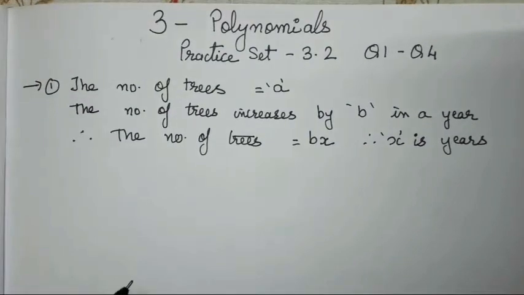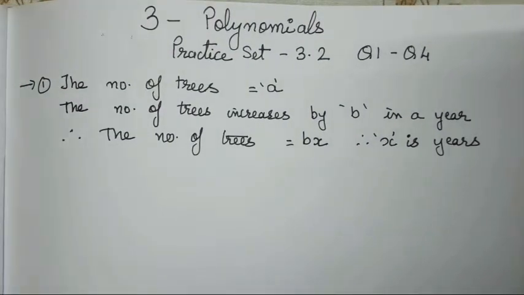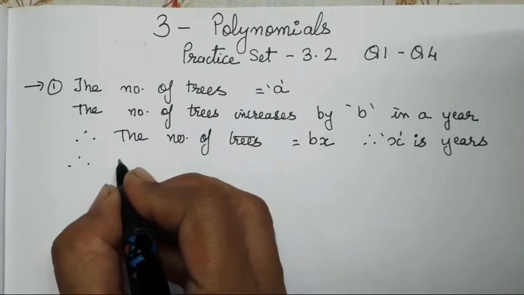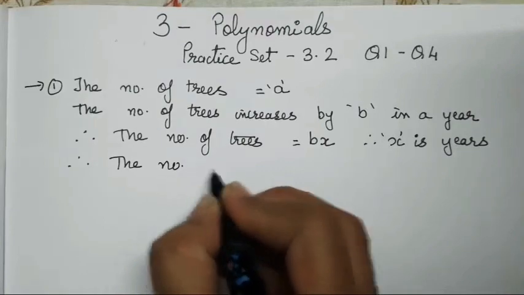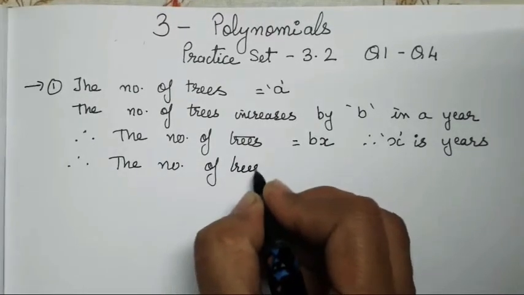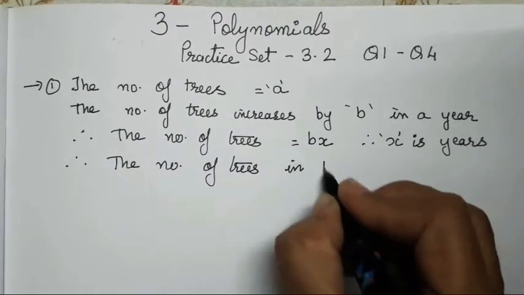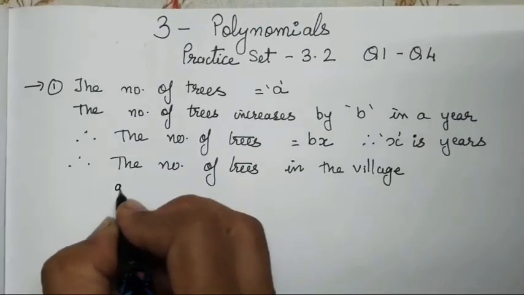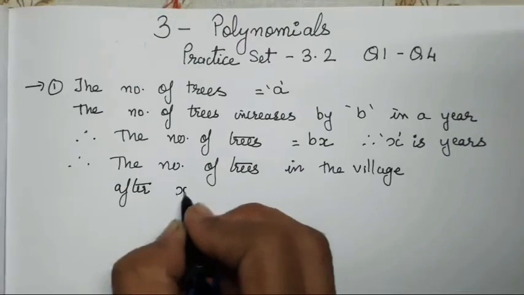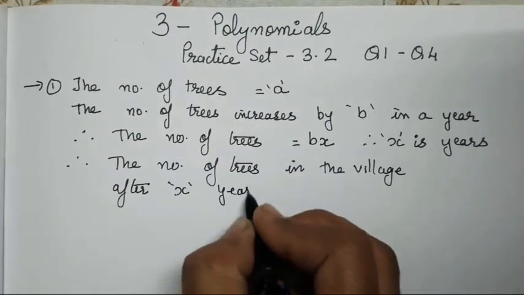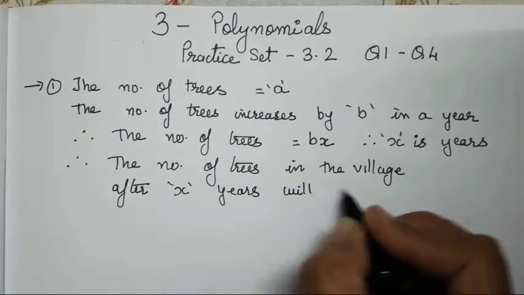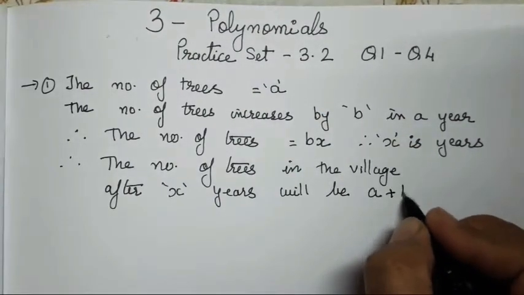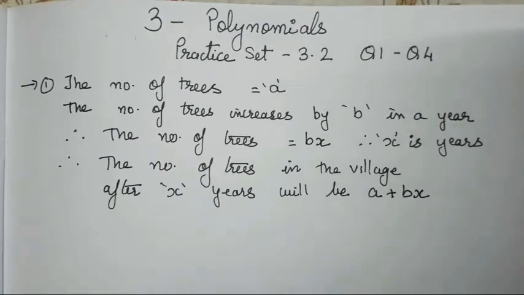Now what we have to find, the number of trees in the village after X years will be A plus BX.